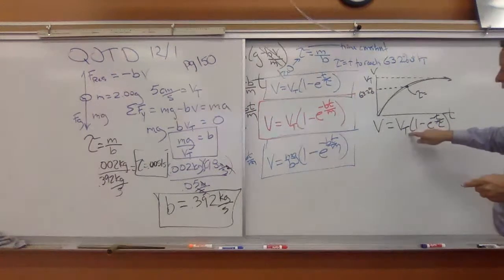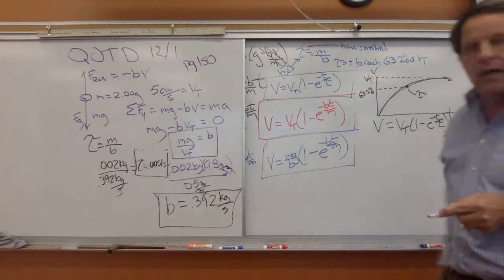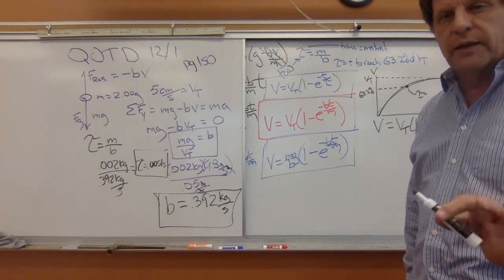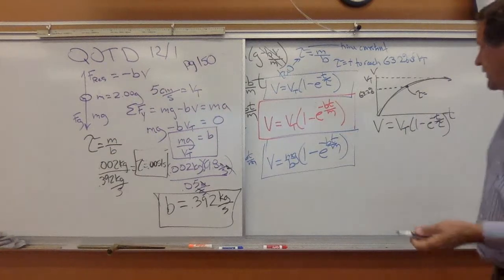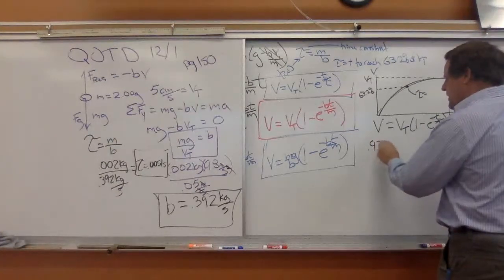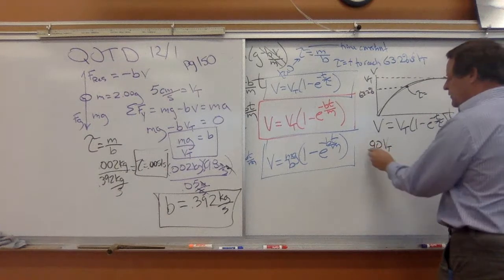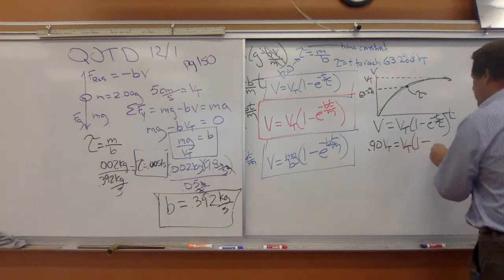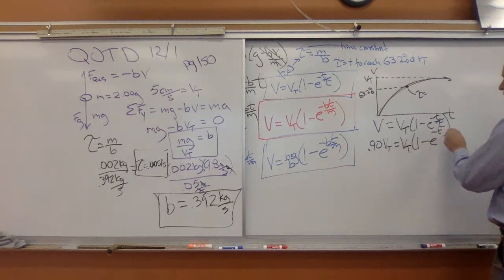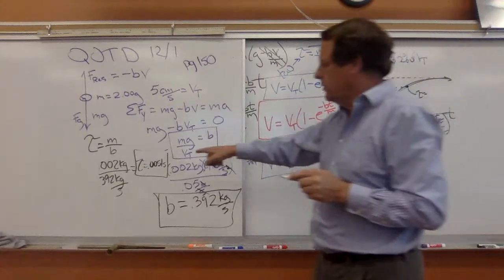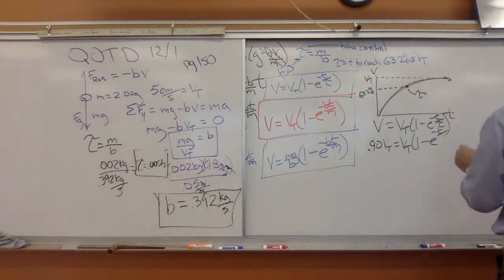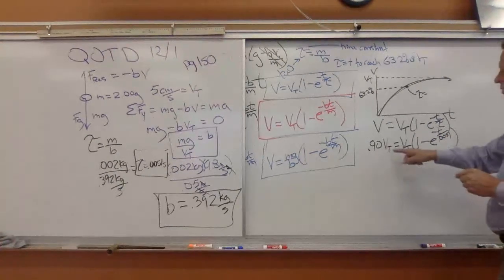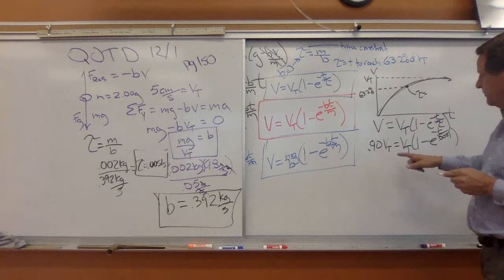Now we know that this is 5 centimeters per second, but I'm not even going to do it that way. I'm going to say 0.9 Vt. So 90% of Vt is going to equal Vt times 1 minus e to the negative t over, and our tau value was 0.0051.